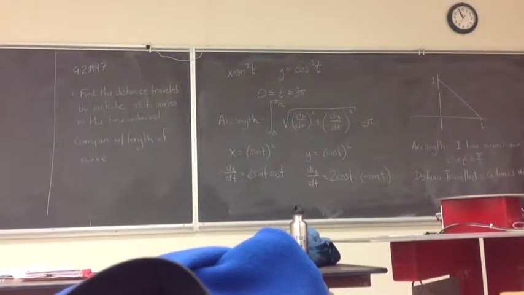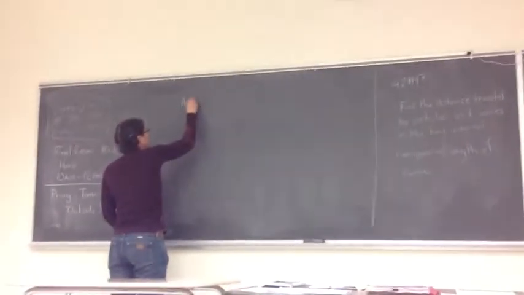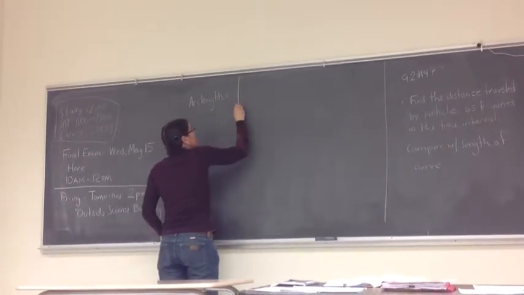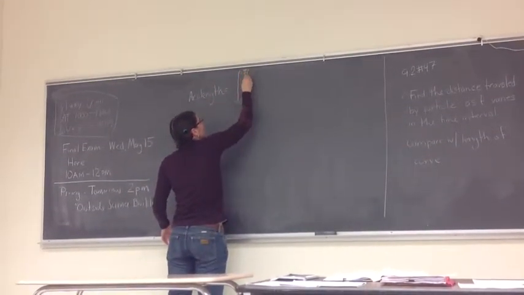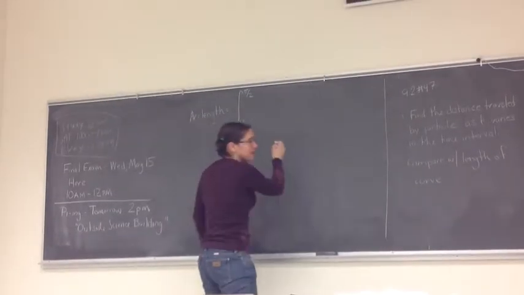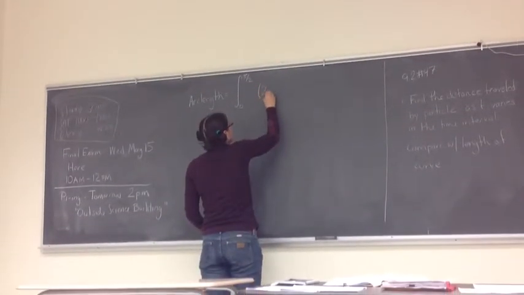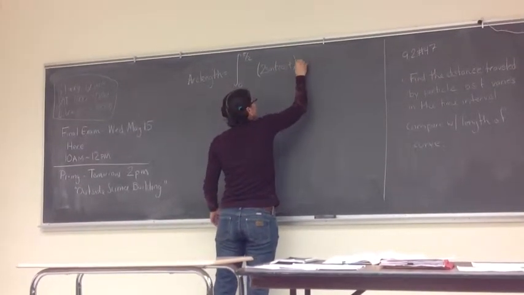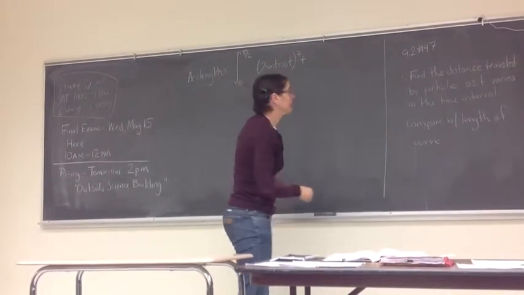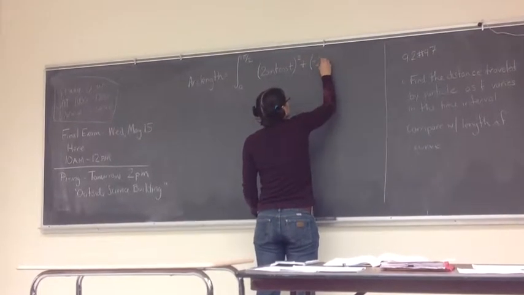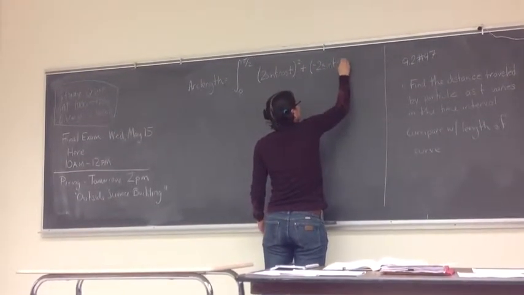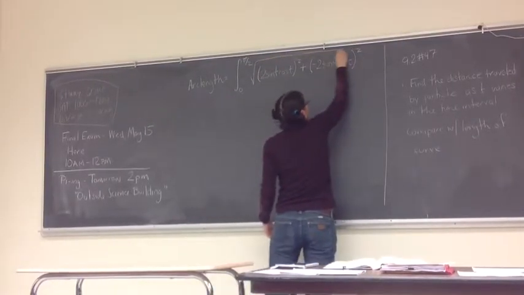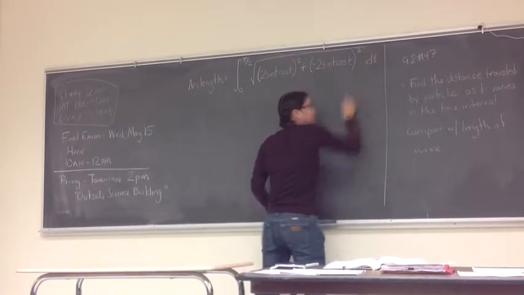Alright, so when I square these things and I write down my arc length integral, I end up with the integral from 0 to pi over 2, and then dx dt squared looks like 2 sine of t cosine of t quantity squared, plus negative 2 sine of t cosine of t squared. Take the square root of all of that, and a dt at the end.